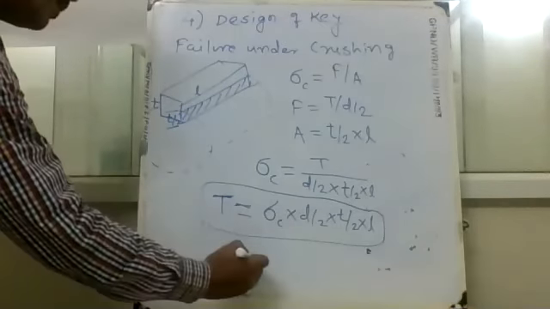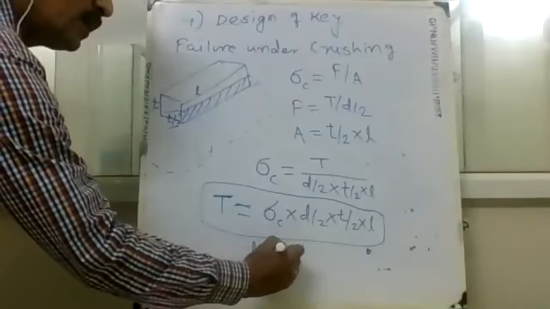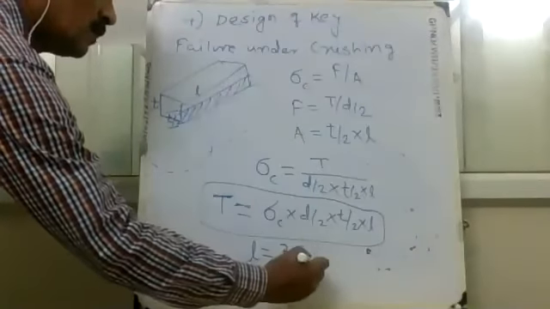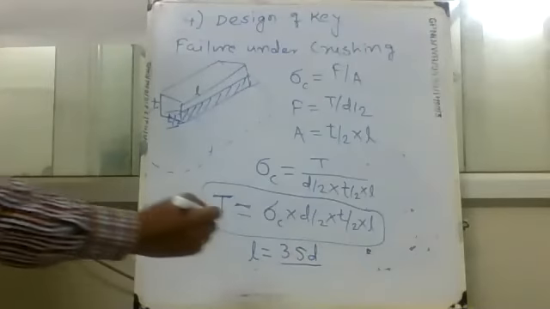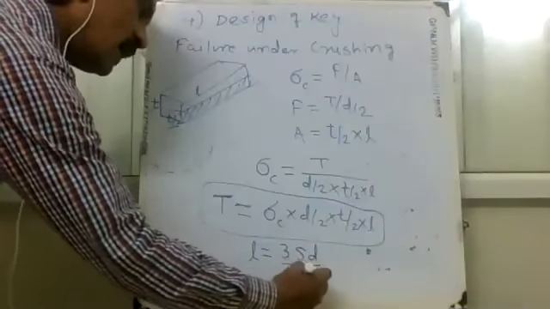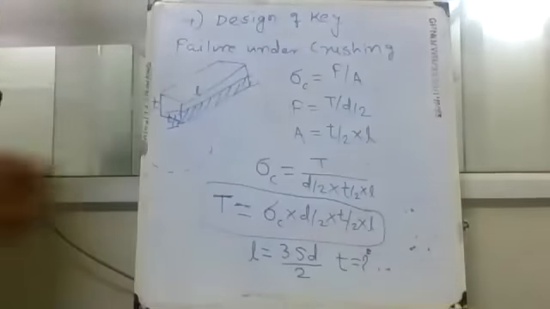So from this we know that again length is equal to, again we can think about our length of the muff, which is equal to 3.5 d divided by 2, and we can find the thickness of the key from this equation.